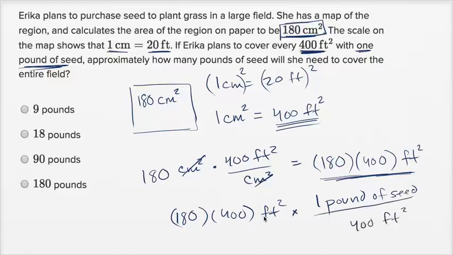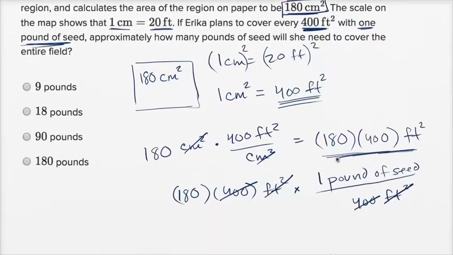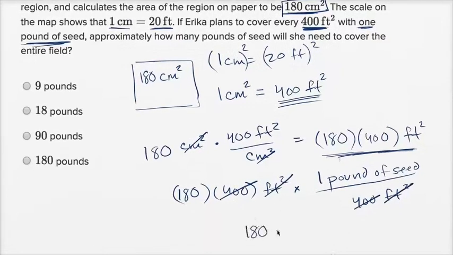And if we look at it, the units cancel out. Square feet divided by square feet. And then we have 400 divided by 400. And we're left with 180 times 1 pound of seed, which tells us that we're going to use 180 pounds of seed, which is that choice right over there.